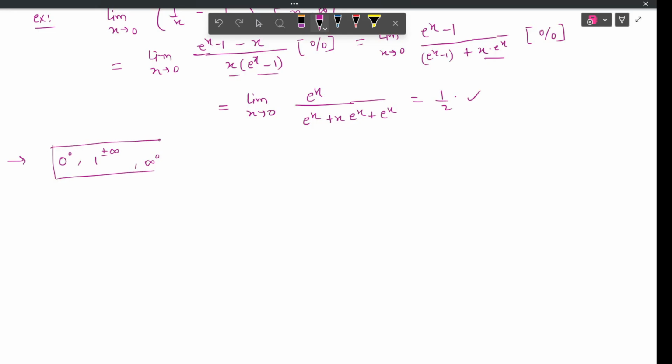So for these three forms, you have to assume let y is equal to limit x tends to a, f of x to the power g of x, and then take log on both the sides.